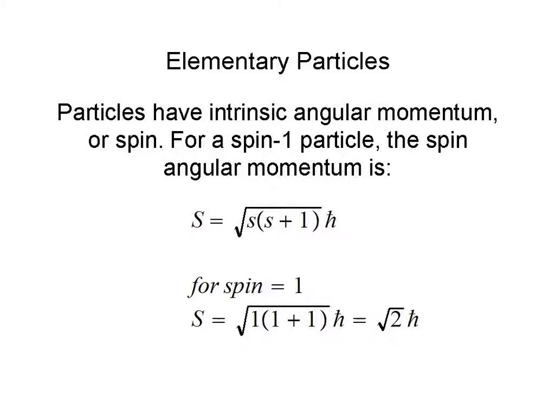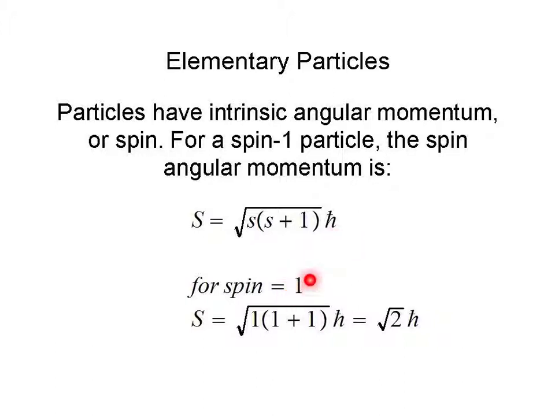Looking at elementary particles, we find that they have an intrinsic angular momentum, or spin. For a spin 1 particle, the spin angular momentum, big S, is equal to the square root of small s times small s plus 1, times h bar. Small s is the spin quantum number.